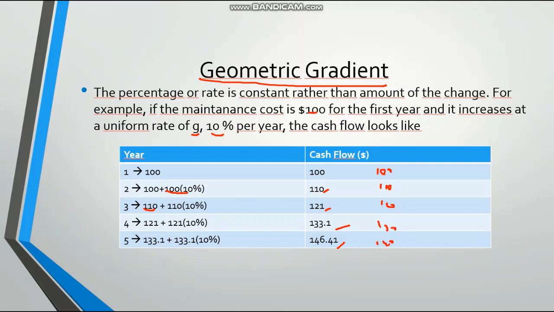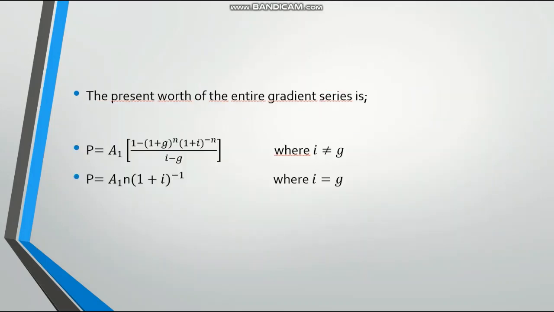So geometric gradient is slightly different from arithmetic increase, and of course we have a different mathematical representation. Let's check it out. We need to know the annual series again. After that, we add the geometric increase in this mathematical representation, and we can find the present value. With this present value, we can find the future value and the uniform annual series.